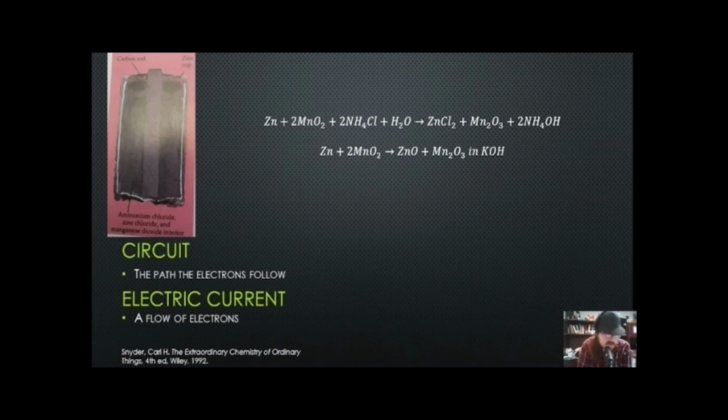The zinc will lose electrons, which will flow through the metal casing, complete the circuit, power the light bulb, and then continue through and reach the bottom of the battery and flow into the manganese and change it from Mn4+ to Mn3+. So MnO2 plus water forms Mn2O3 and hydroxide. And the reaction is such that the hydroxides and the water cancel out, and so the reaction looks a lot simpler.